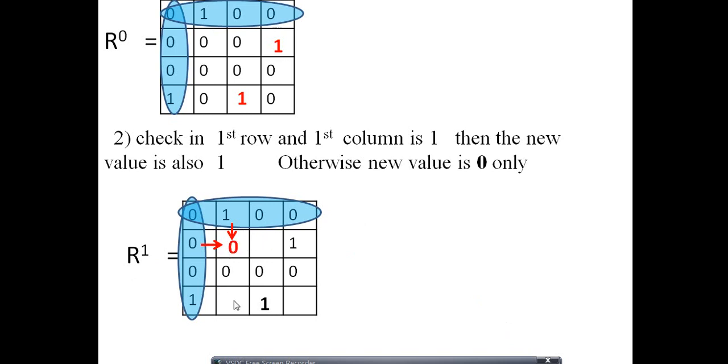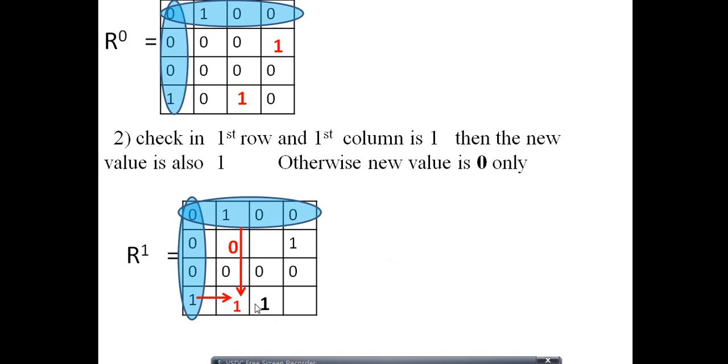See here. Okay, next we have to calculate this. Here the new value is 1 and the previous value is 1, so 1 and 1. What is the new value here? Both the ith row and jth column have value 1, so the new value is also 1.